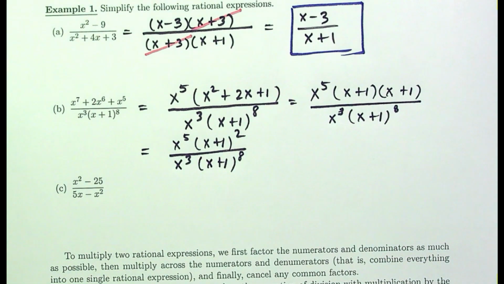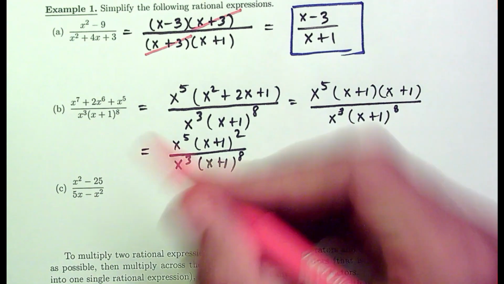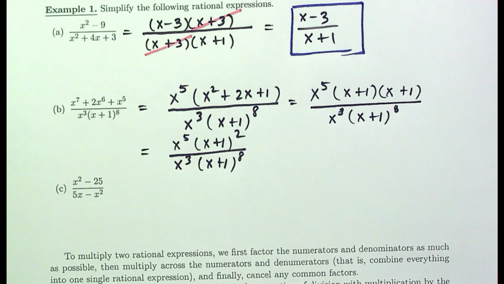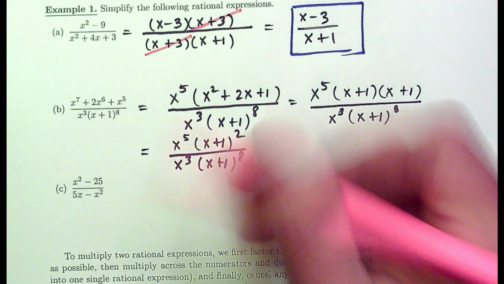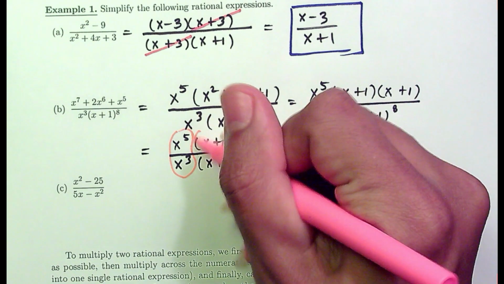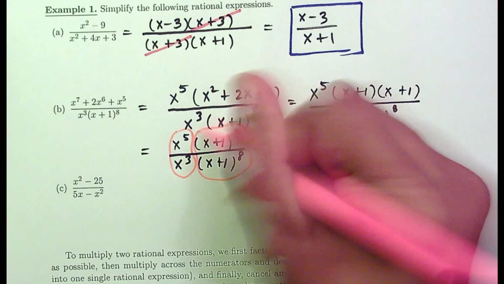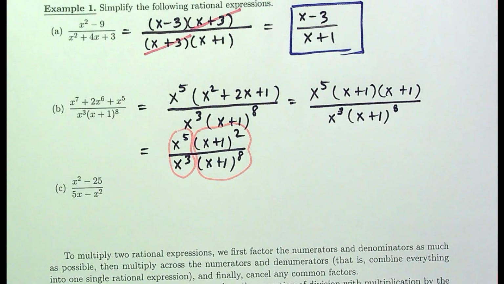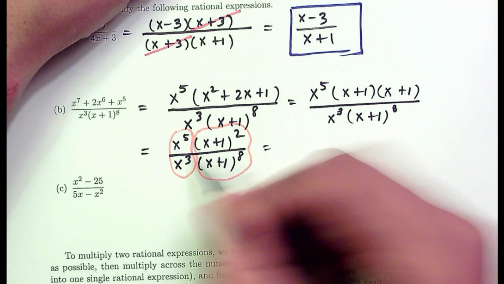And now we're going to apply the laws of exponents to simplify these. You can combine these and these because they're the same type of power. Applying the laws of exponents, you subtract the exponents. So 5 minus 3 is 2.